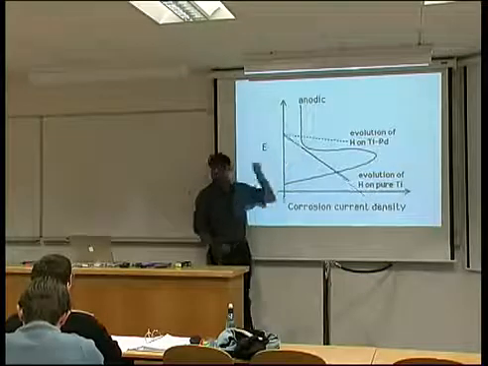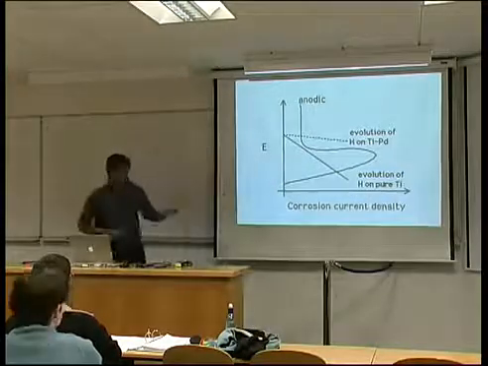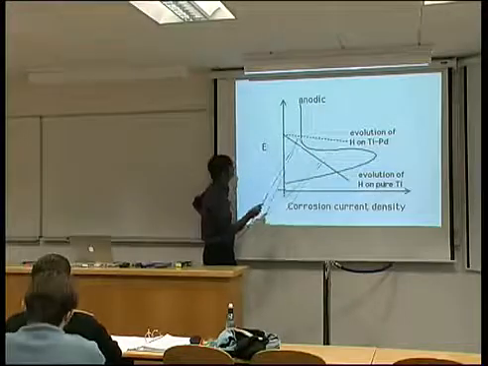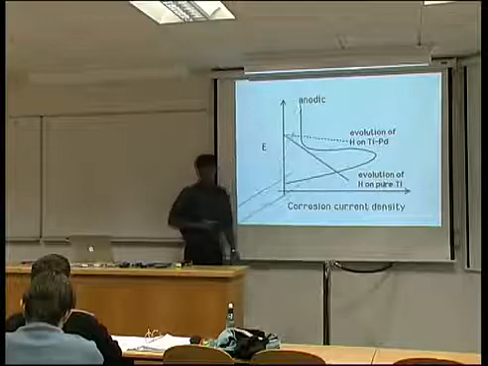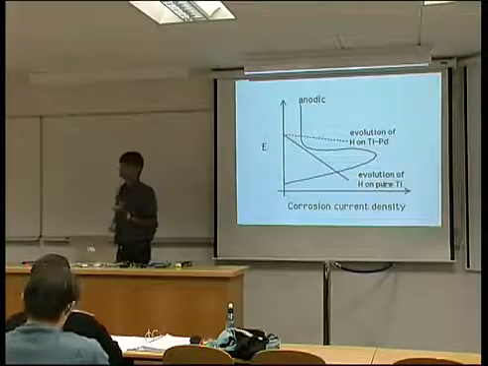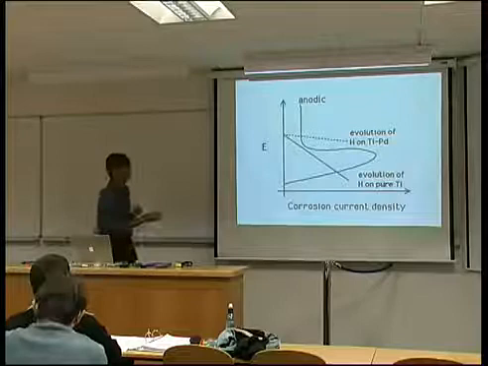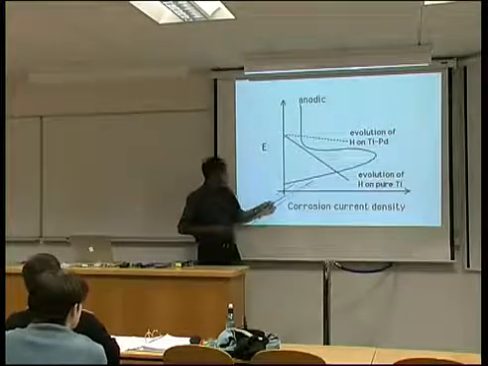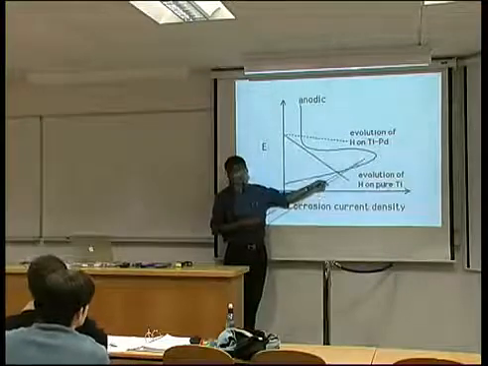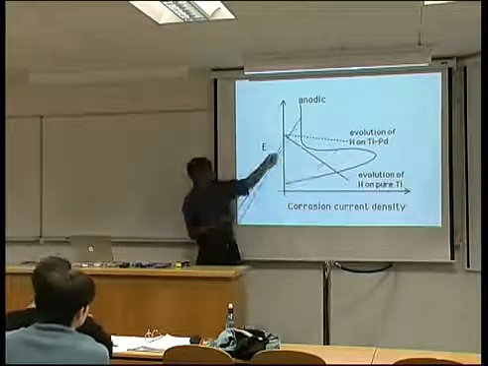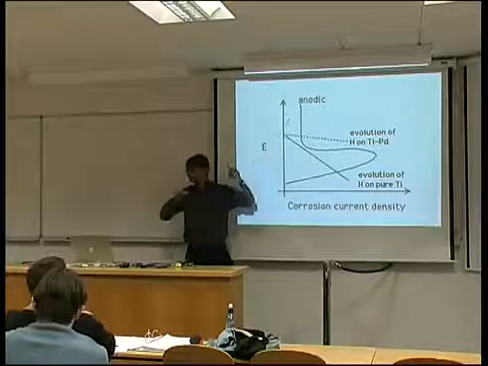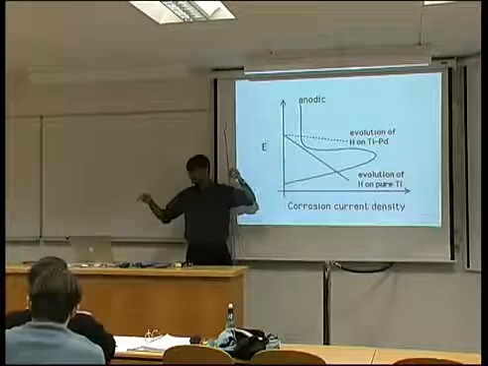Now, on the anodic side, this is a typical form of curve for the dissolution of something that is passive. That means it forms a passive oxide film at a sufficiently large potential. So at first there's a very large reaction rate, but then it drops and we get a very small reaction rate because we formed an oxide film on the surface.